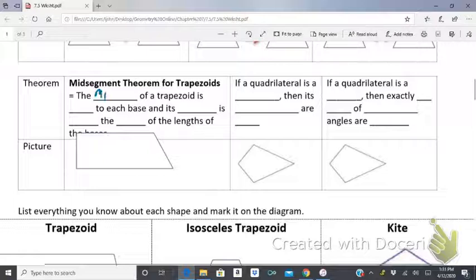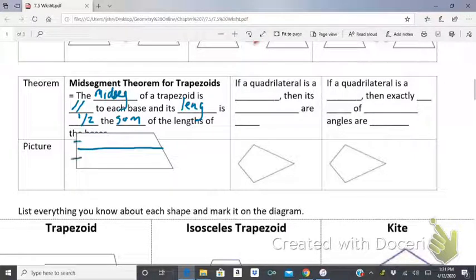So the mid-segment of a trapezoid is parallel to each base, and its length is half the sum of the bases. So this thing is called a midsegment.